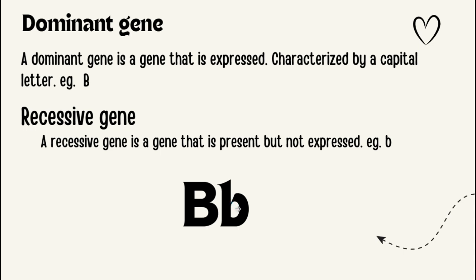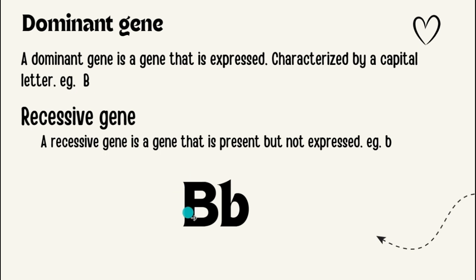What do you think would be my hair color now? This codes for black hair, this codes for brown hair, and I get both of them. What color hair do you think I'm going to have if my parents give me both these two genes?